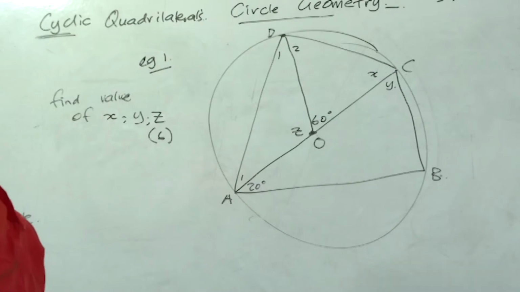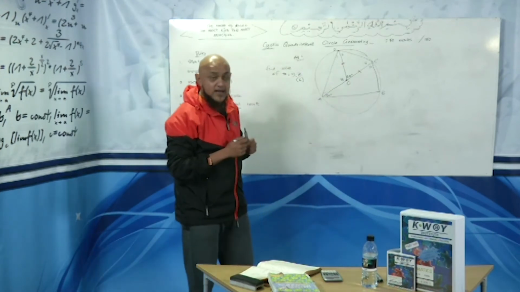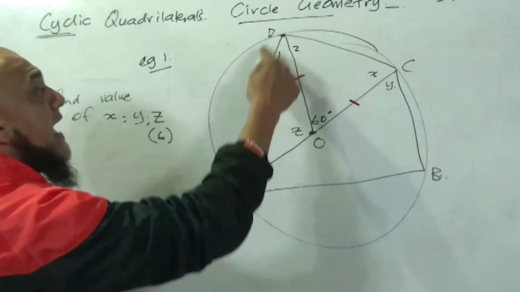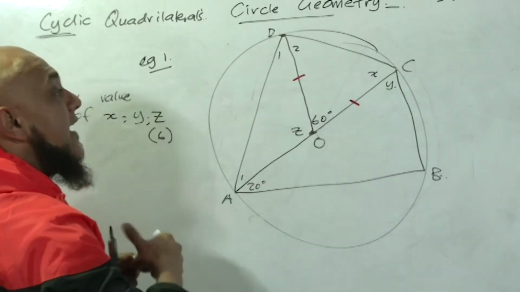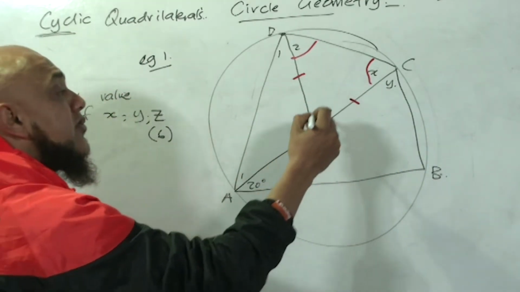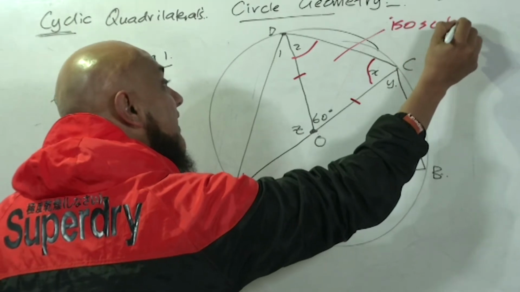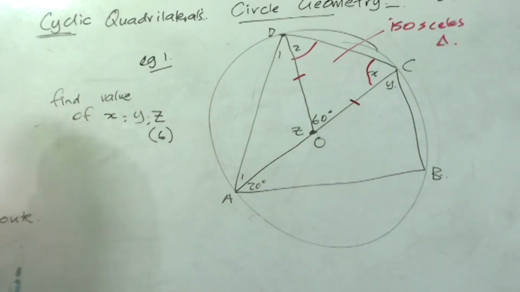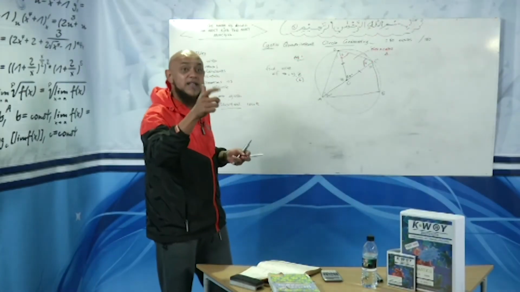Remember, the plural of radius is radii, and we know that radii are equal in length. And the minute we have radii, what else do I have? I have a triangle with two sides equal. Hence, what does that imply? It implies that we have an isosceles triangle. Remember, this now becomes an isosceles triangle, and that's going to help us tremendously in getting to our solution.